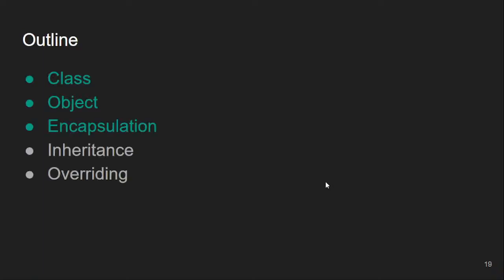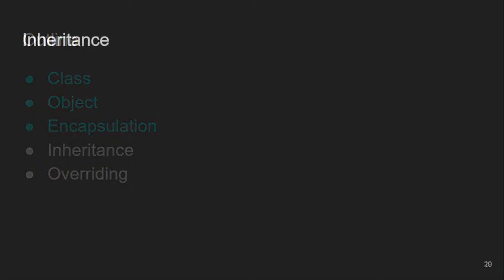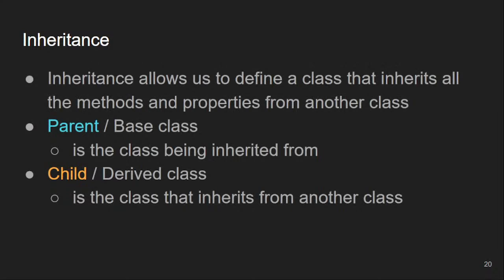So we've talked about encapsulation. Let's move on and talk about inheritance. Inheritance in programming is similar to the concept of inheriting in real life. Basically, you can have a class with methods and properties that has a child or children.